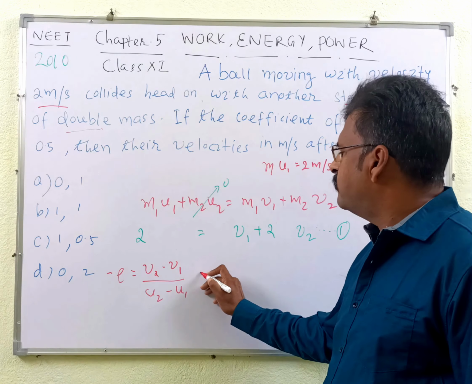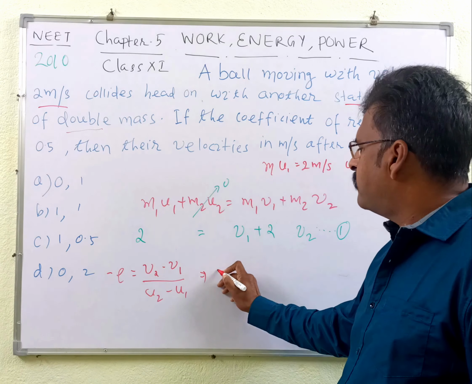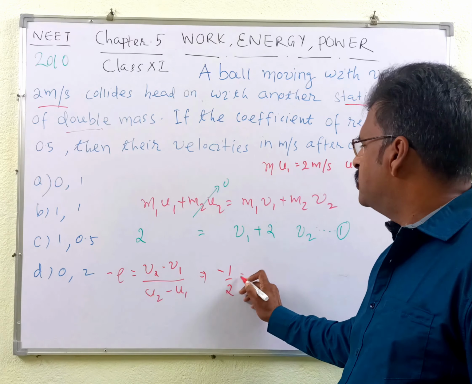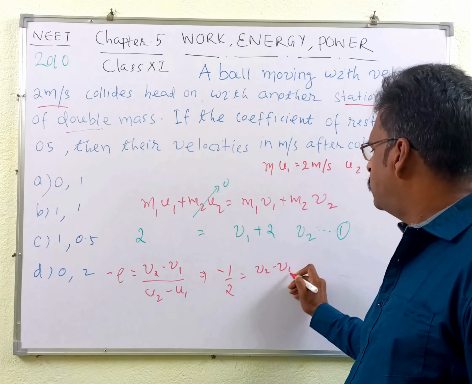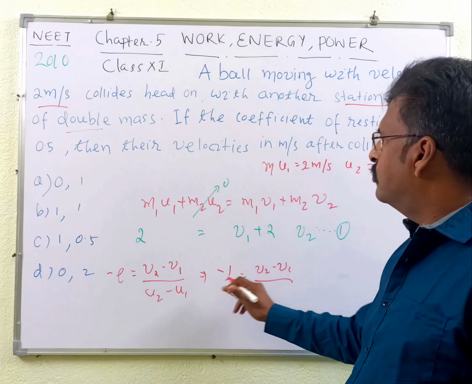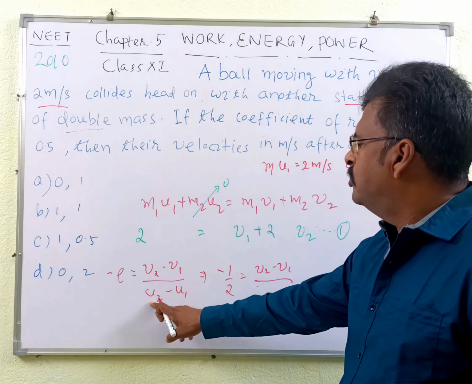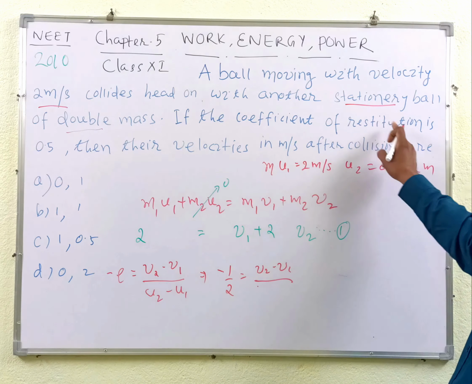So this implies that 0.5 means half. So half is equal to minus (v2 minus v1) by (u2 minus u1). What is u2? u2 is the initial velocity of the second mass.